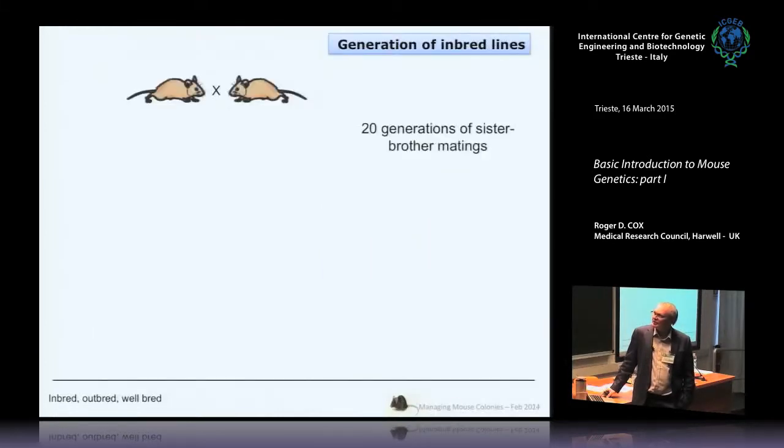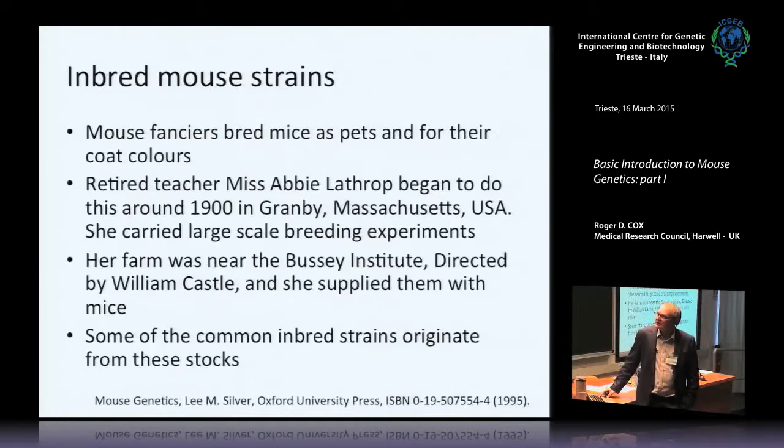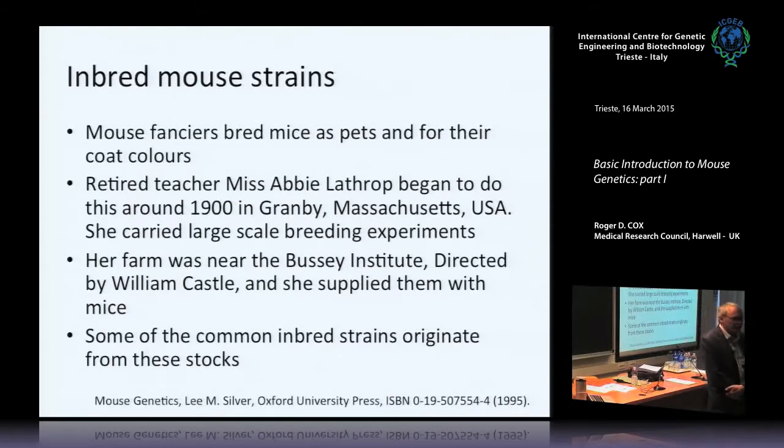So they're generated by brother-sister matings over long periods of time to homogenize their genomes. Some lines are lost due to inbreeding depression. So where do these inbred strains come from? They've been going for over 100 years now. Well, some of the lines have.